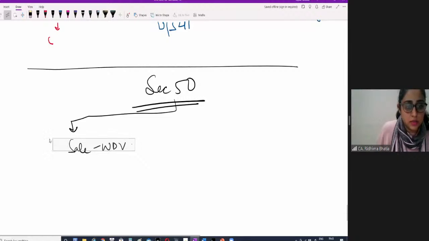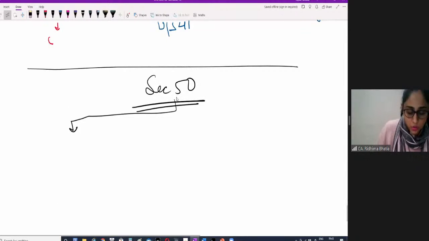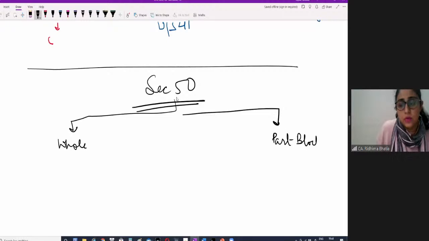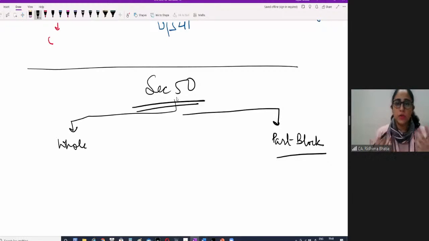Okay. You sell your whole block of asset or you sell the part of the block. So either you're selling the whole block of the asset or you're selling the part of the asset. First, we'll take whole block. Whole block means whatever was there in that block, full you have sold.